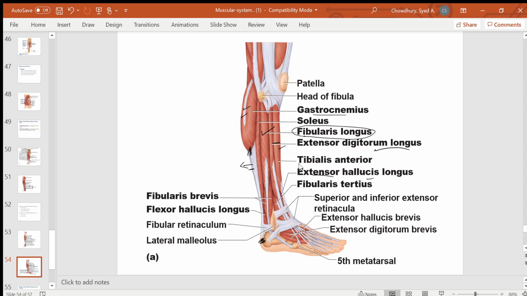Now, under the gastrocnemius, you have another big muscle. This is called soleus. Okay, so those are two big muscles in the back. And then under the soleus, you have tibialis posterior, the back of the tibia.